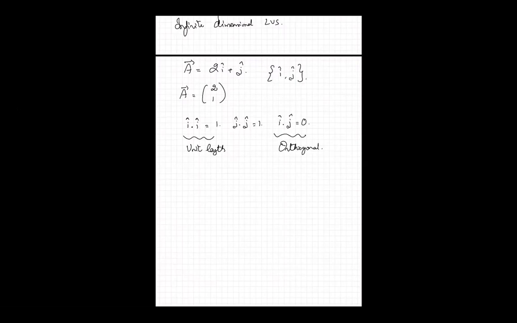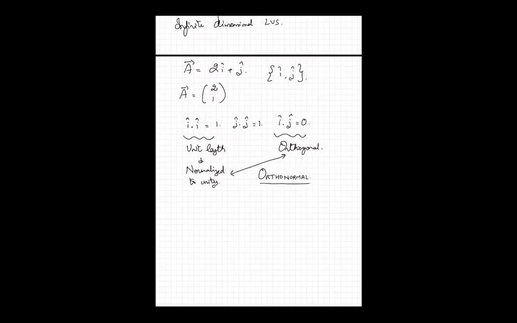Unit length we also call normalized to unity. The length of the vector is normalized to unity. Suppose I have a vector whose length is not unity, I can construct a vector out of this whose length is unity by simply dividing by the length of the vector. So the basis vectors satisfy these two properties, and these two properties occur together, so we can club them as one term, and this term is called orthonormal.